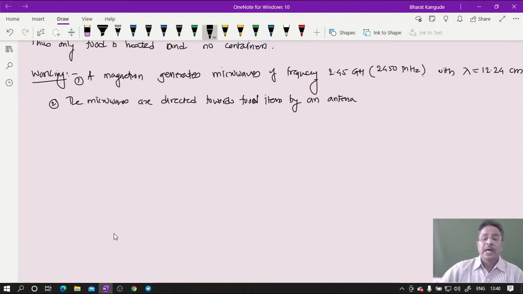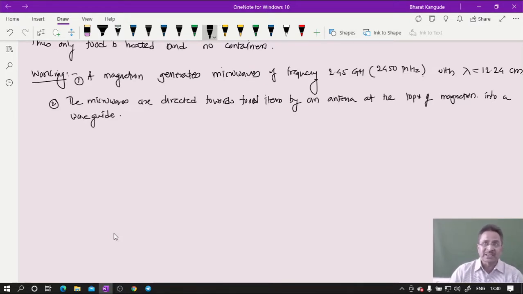Antenna at the top of the magnetron. This is again a mechanical device. We will not worry about this. Magnetron into a waveguide. Okay, so a similar type of device which directs the microwaves to travel in a particular direction.